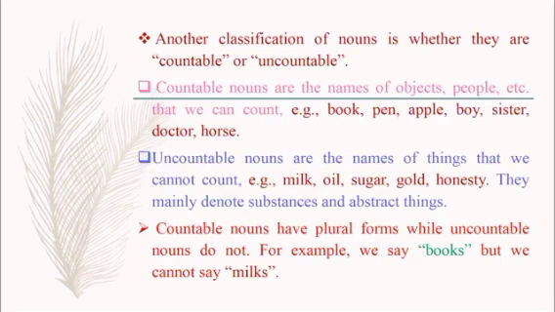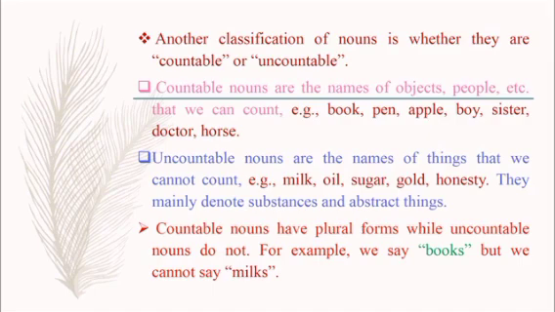Another classification of nouns is whether they are countable or uncountable. Countable nouns are the names of objects, people, etc. that we can count. Examples: book, pen, apple, boy, sister, doctor, horse. Uncountable nouns are the names of things that we cannot count.